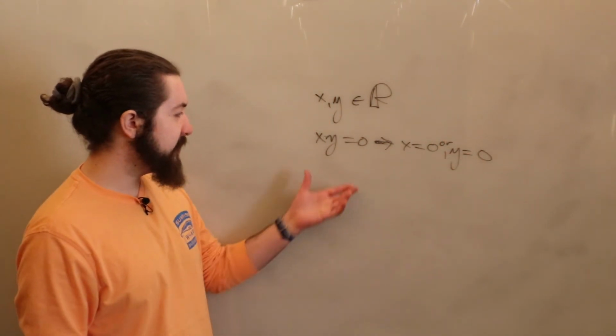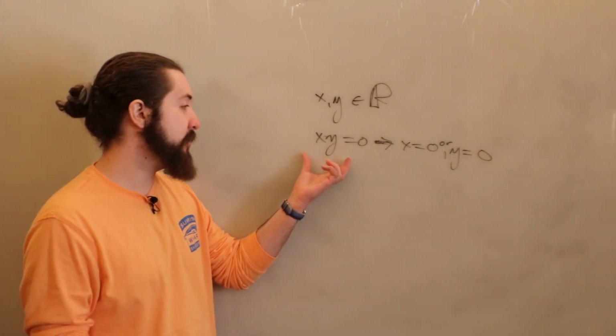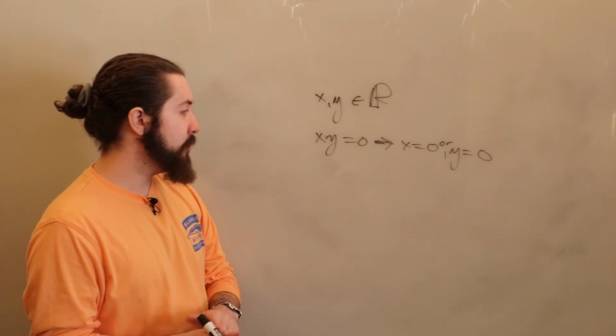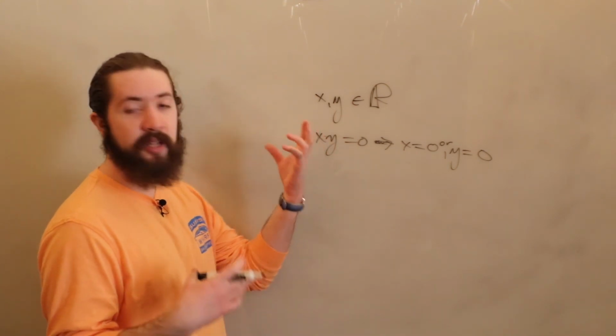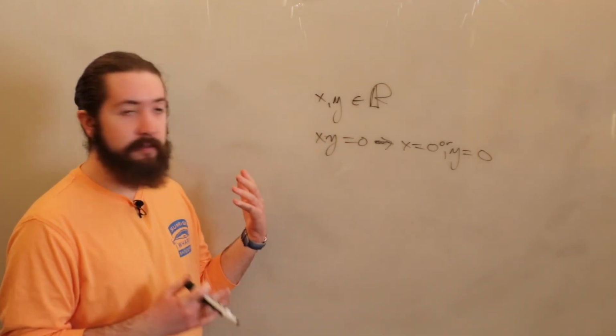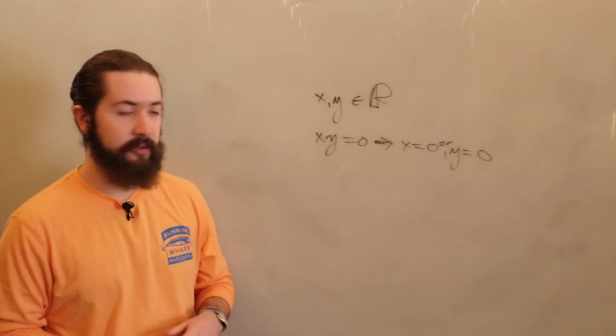Why? Because the real numbers have this property that there are no what's called zero divisors. There's no non-zero number which multiplies by another non-zero number to give you 0. It's part of what's called being a field. It's a field of numbers, and matrices do not form a field.